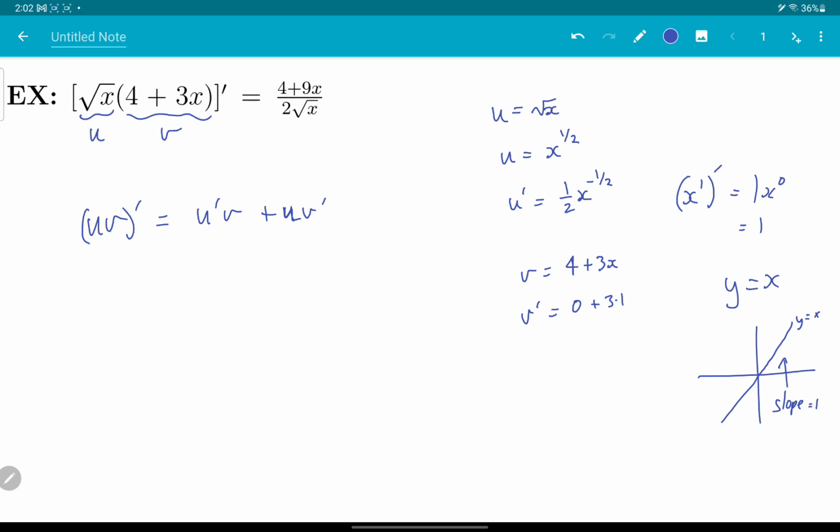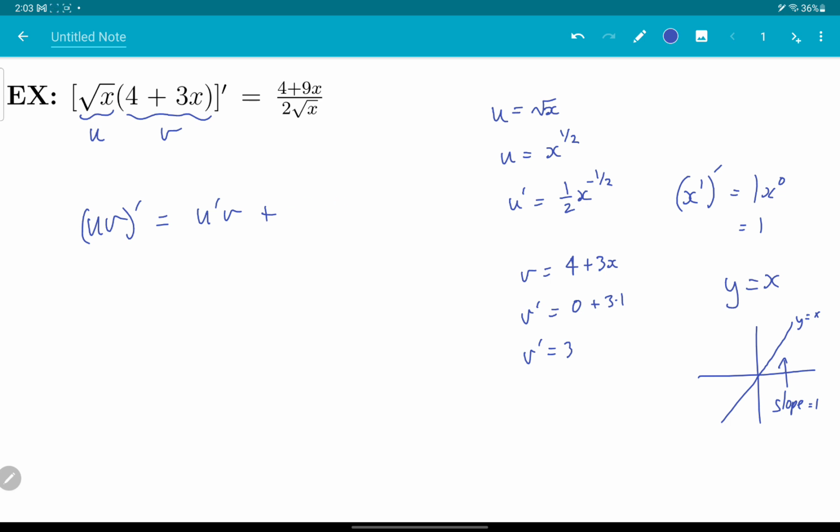So if you have a derivative of x, you get just 1. So v prime is equal to 3. And you'll notice I use the constant multiple rule. Like this 3 just stays out front. I use that just sort of automatically at this point.